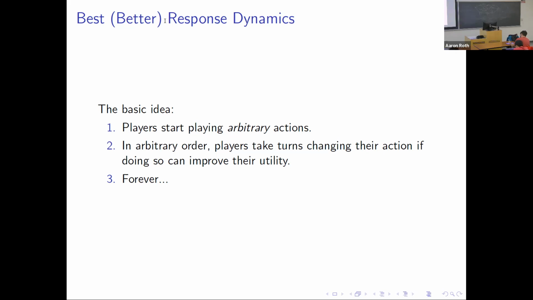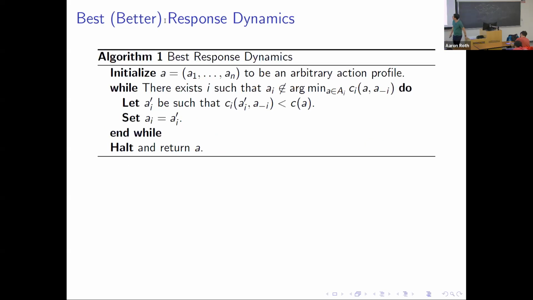Okay, so this is the high level idea of what better response dynamics is. And so just to write it down in a way that's harder to understand, here it is in pseudocode. But it's exactly what we said, right? You start at some arbitrary action profile. While there exists a player whose current action in this action profile is not a best response, by which I mean their action is not one that minimizes their cost given what everyone else is doing, then we let them change their action to something that does better.